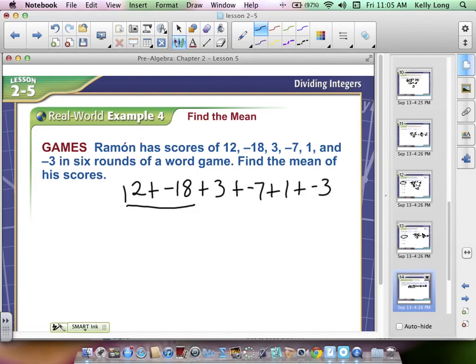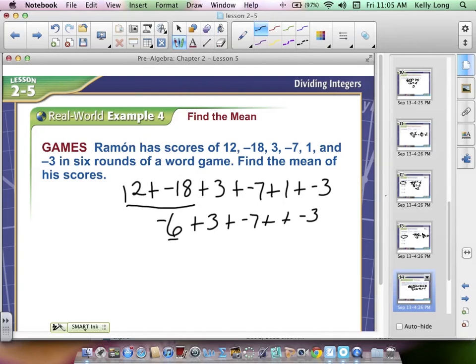What's 12 plus a negative 18? I'm adding with unlike signs, so I subtract. What's 18 minus 12? 6, and take the sign of the number with the largest absolute value. This would be the 18. So it's going to be a negative 6 plus 3 plus negative 7 plus 1 plus negative 3.